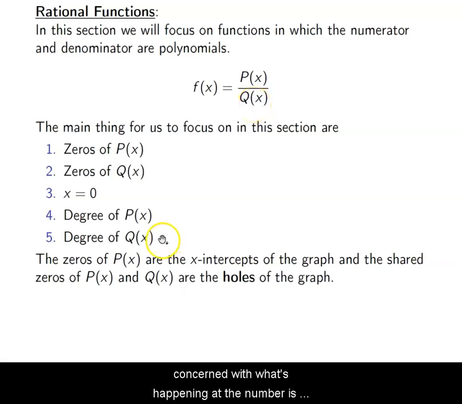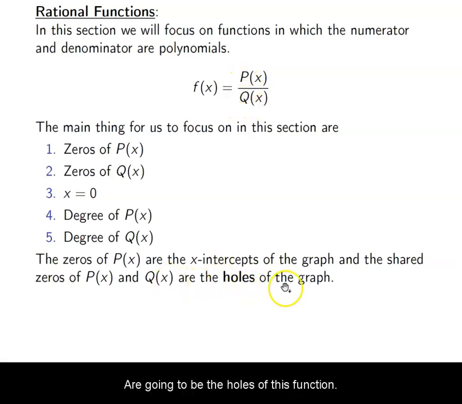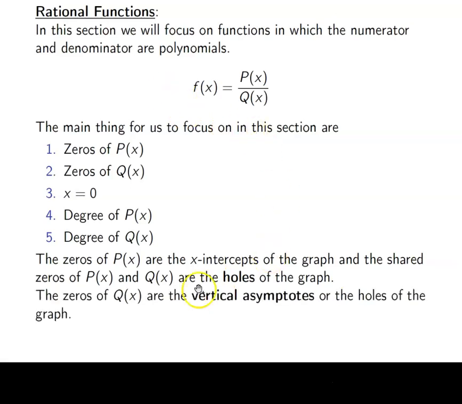So again, the zeros of the numerator are going to be the x-intercepts of the graph, and the shared zeros between P and Q, anything that's in common as far as the 0, are going to be the holes of this function, right?